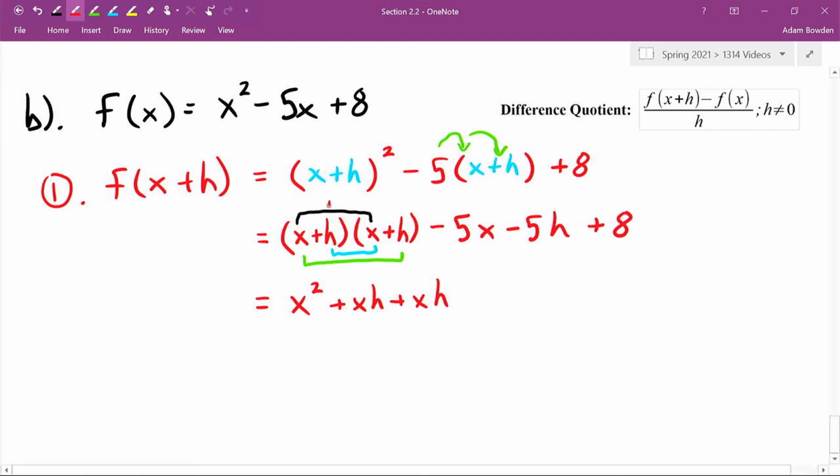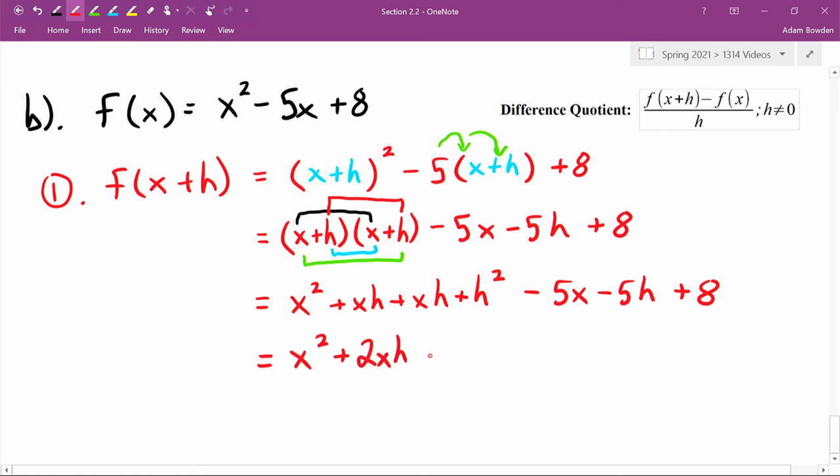And then we got to multiply the last together. So it'd be h times h, so that'd be h squared. Minus 5x minus 5h plus 8. So in the end here, we'll have x squared plus 2xh plus h squared minus 5x minus 5h plus 8. That's step 1 of the process.